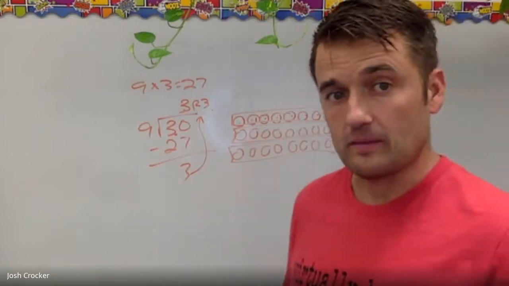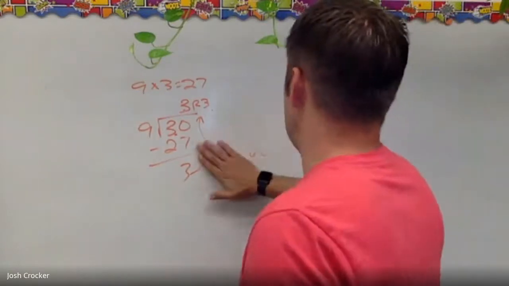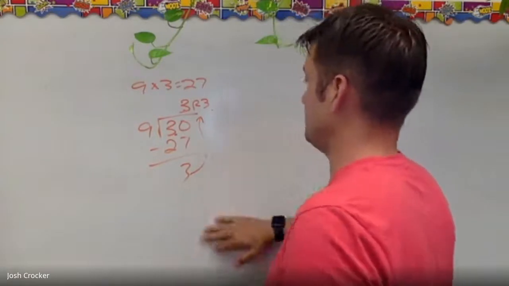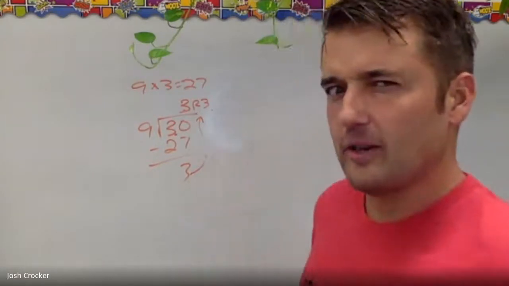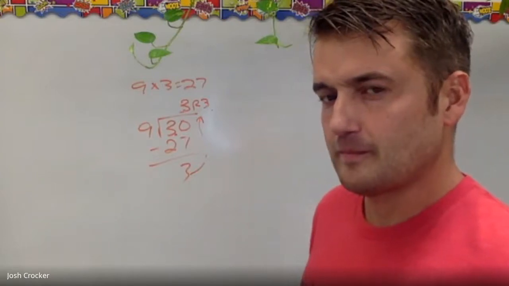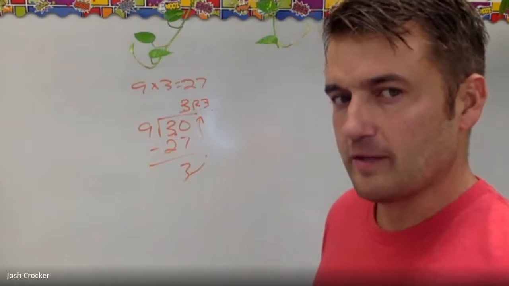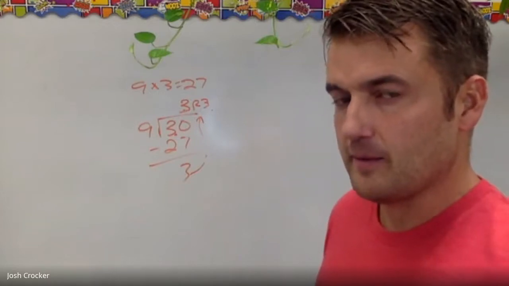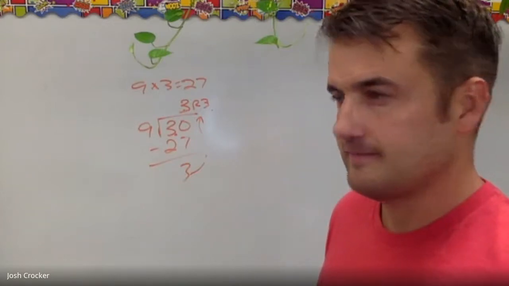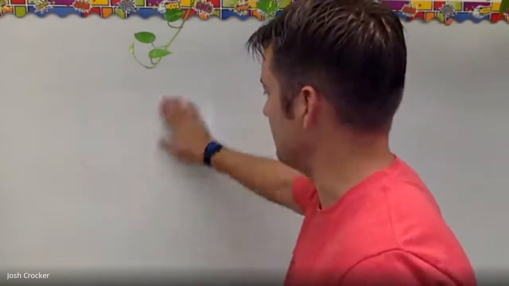There are 3 left over. Okay. If I had 30 Oreos and 9 people, each person would get 3 Oreos, and there would be 3 Oreos left over. Did it.